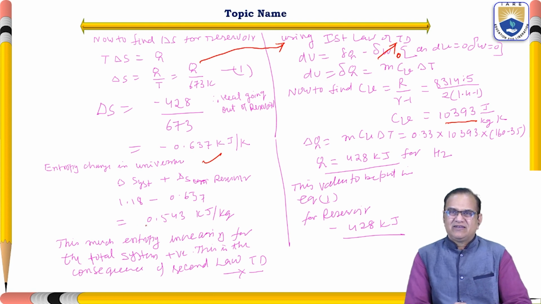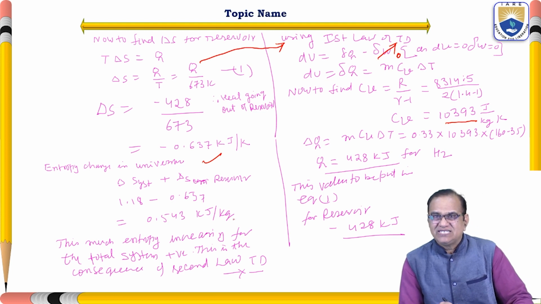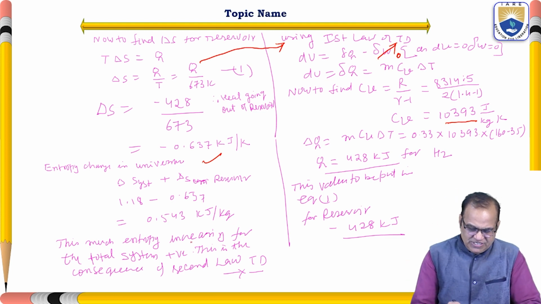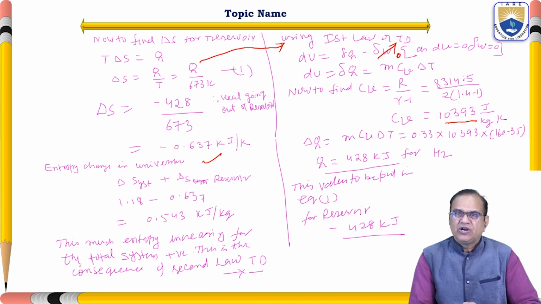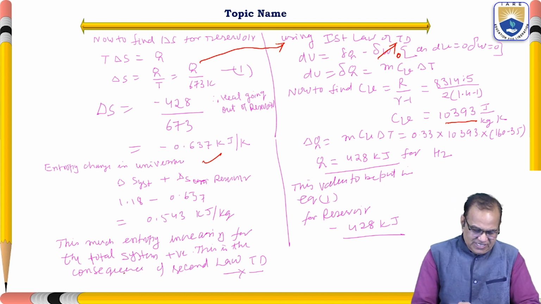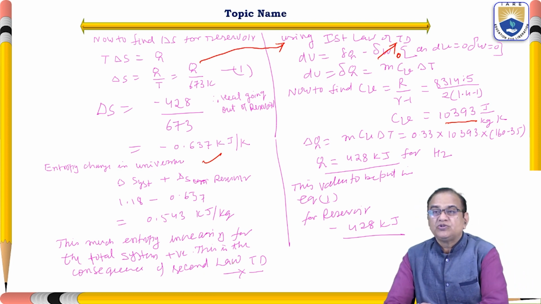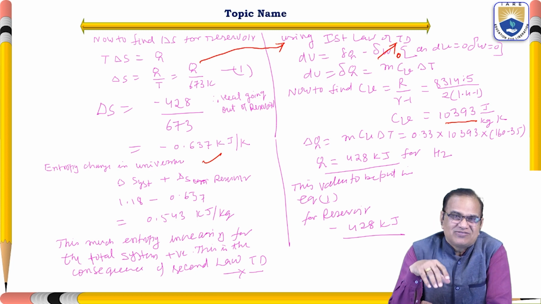So net entropy is 0.543 kilojoule per Kelvin. This much entropy increase for the total system, and this is positive. This is the consequence of the second law of thermodynamics.